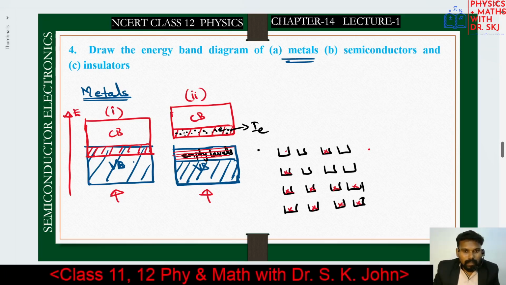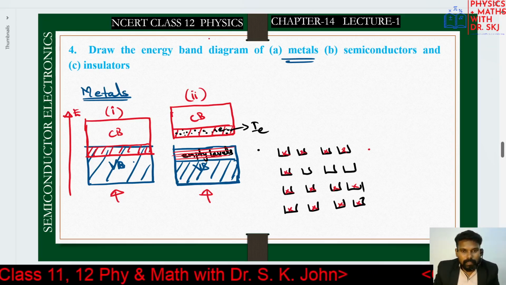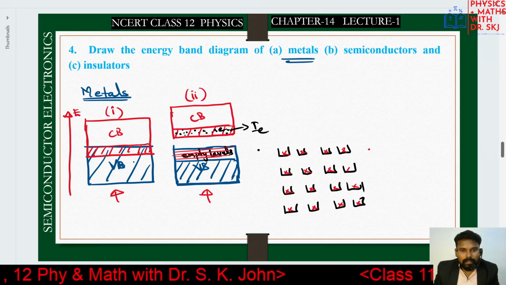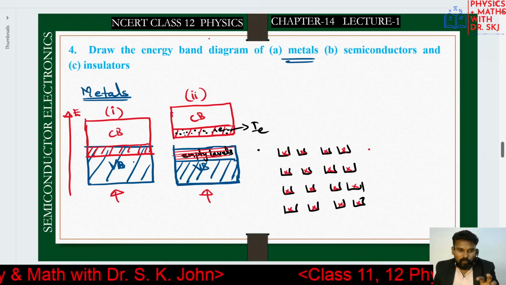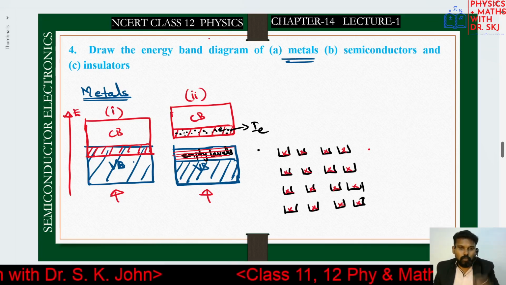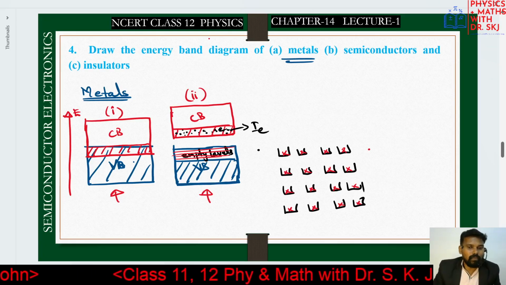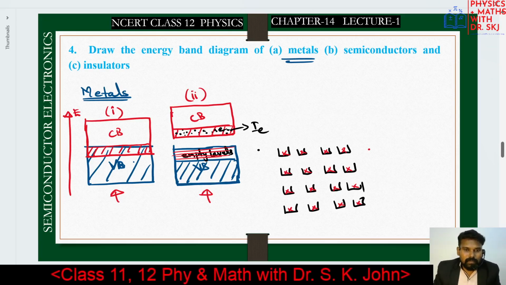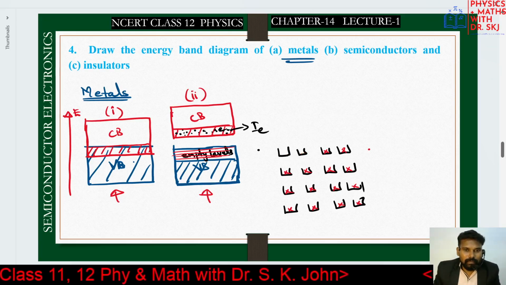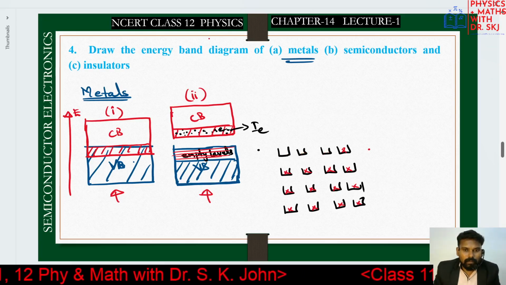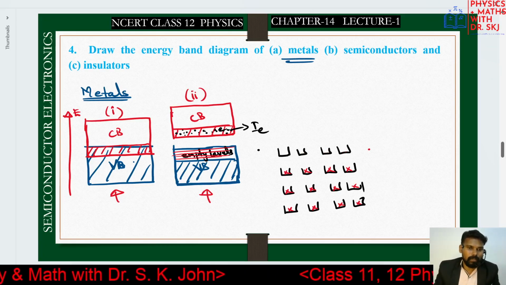If all the levels are filled, that will not happen. A fully occupied valence band cannot produce the movement of electrons. But if some of the seats are vacant, they can produce movement of electrons. I think you got the point.